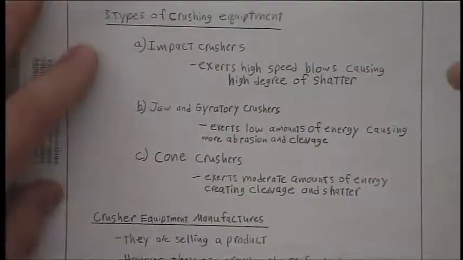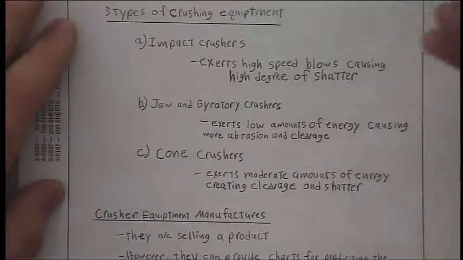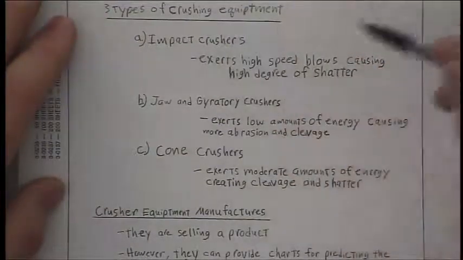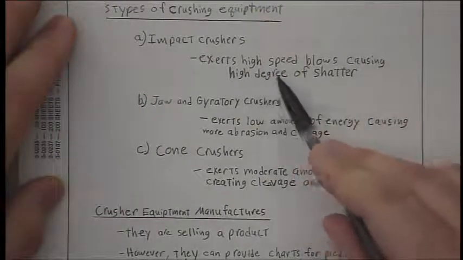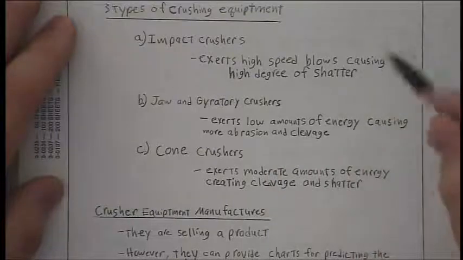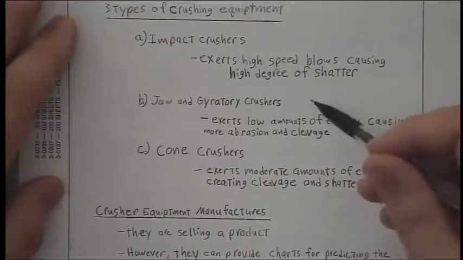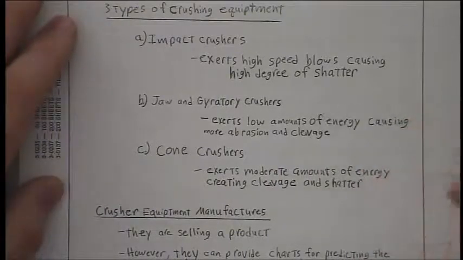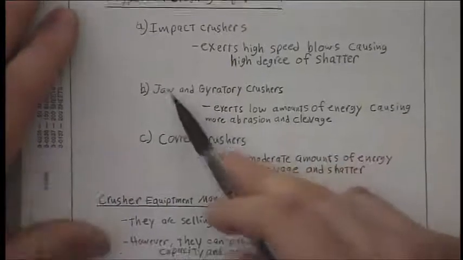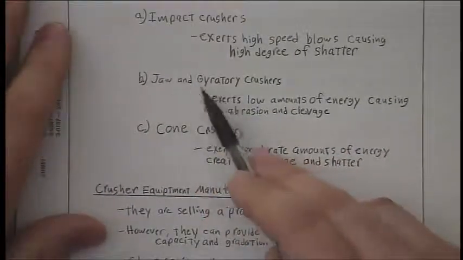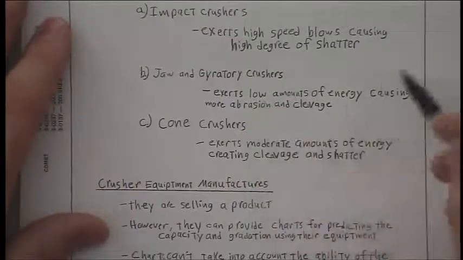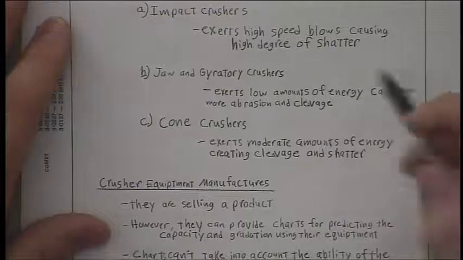And so usually, like what we talked about with the three crushing equipment, the impact crusher exerts high blows causing a high degree of shattering. So it's more of a sledgehammer, just bam. And then your jaw crushers or gyratory crushers exert low amounts of energy, causing more abrasion and cleavage.